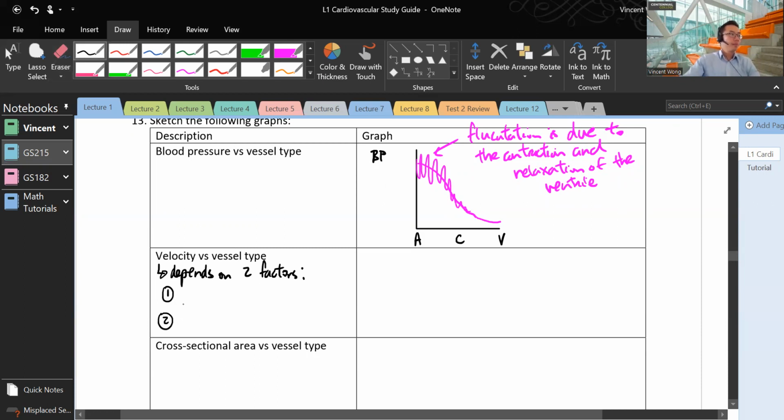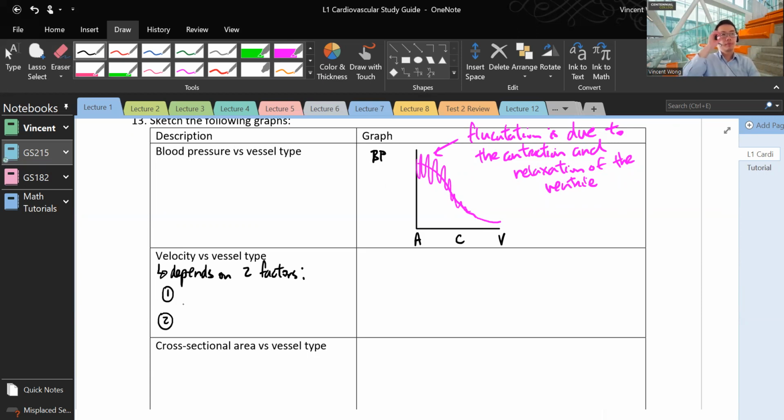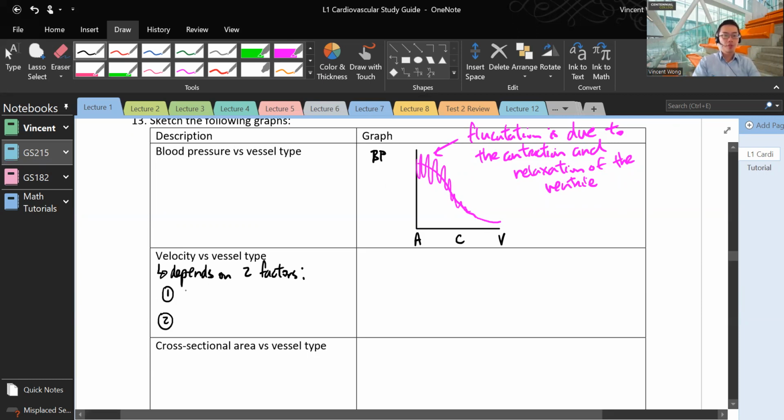What are they? Yes, blood pressure. So higher blood pressure means it's going to be faster. And the second one is vessel diameter.